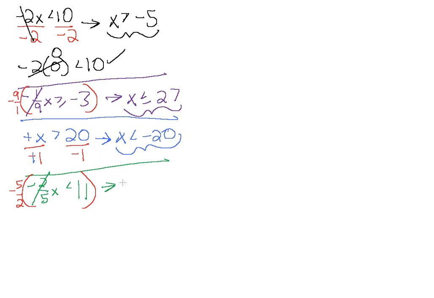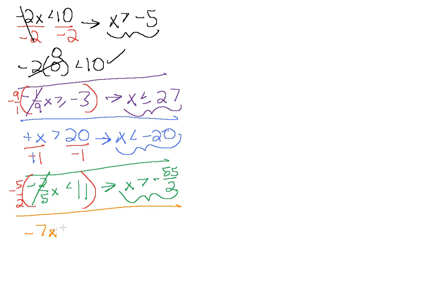This term cancels, so we have x is greater than, we're flipping the inequality sign, minus 5 over 2 times a positive 11 is minus 55 over 2, and that's our interval solution. It doesn't include minus 55 over 2. It includes any number greater than minus 55 over 2. We can check that by plugging into our original inequality. Let's do a couple more.